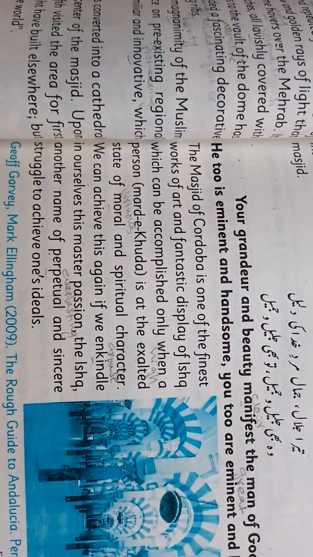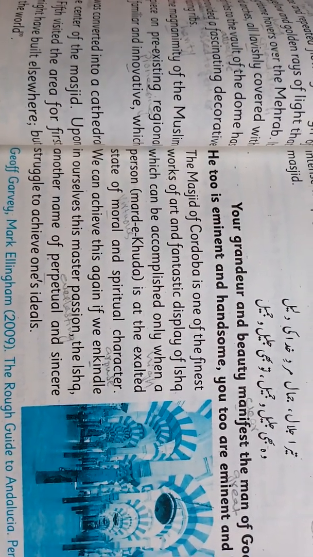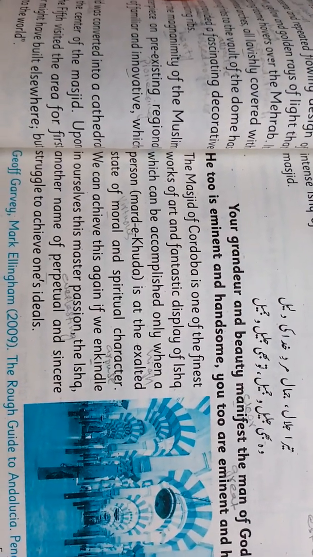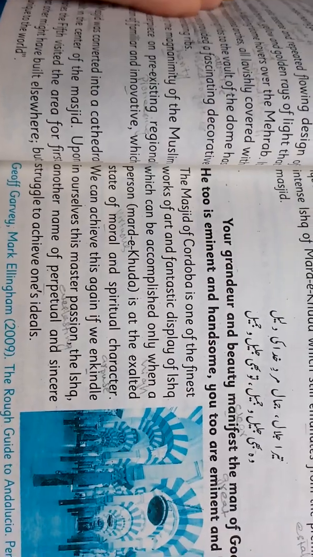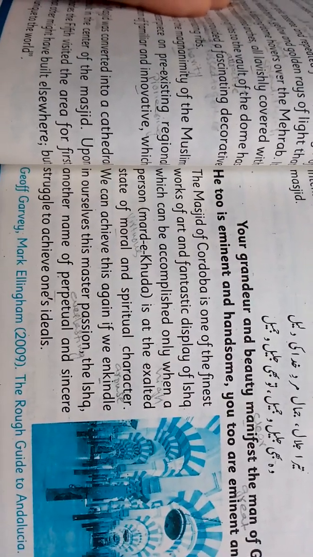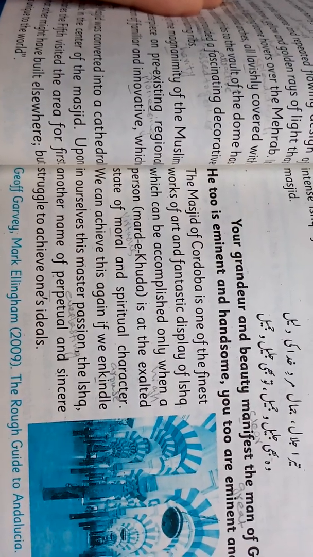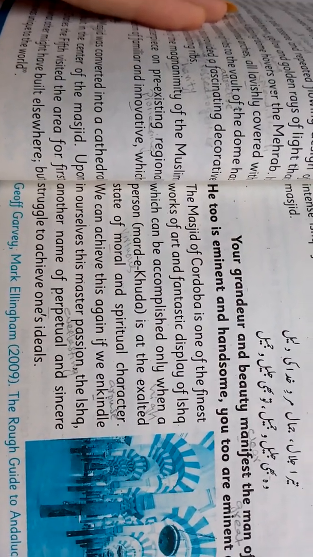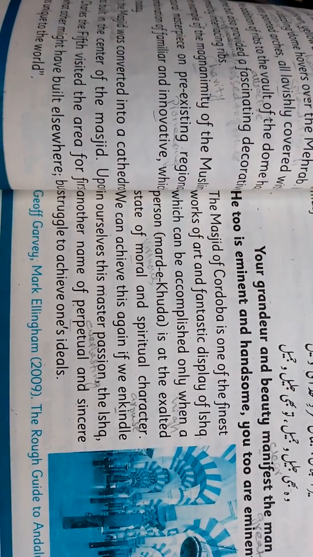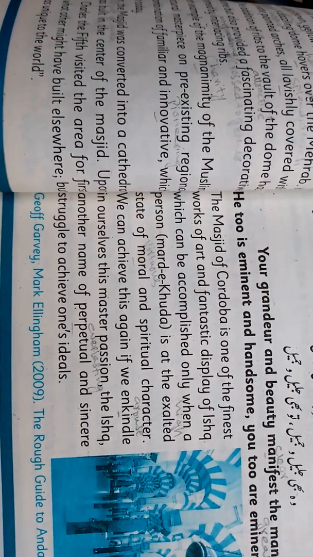So, dear students, the Masjid of Cordoba is one of the finest works of art and a fantastic display of ishq, and according to Iqbal, the ishq of the people who built it flows from the architecture, from the glory of this beautiful mosque.